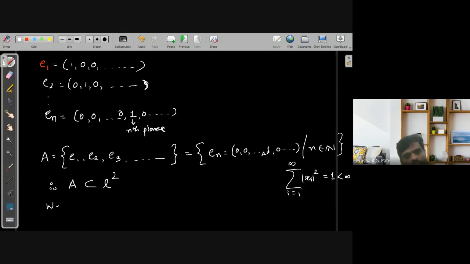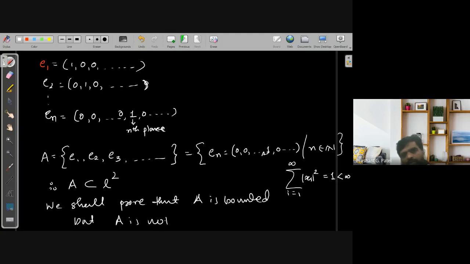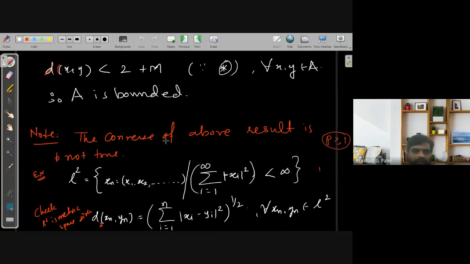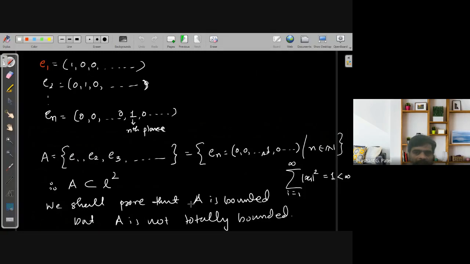So we shall prove that A is bounded but A is not totally bounded, which is the converse of that result, that is, totally bounded implies boundedness, but boundedness does not imply total boundedness.